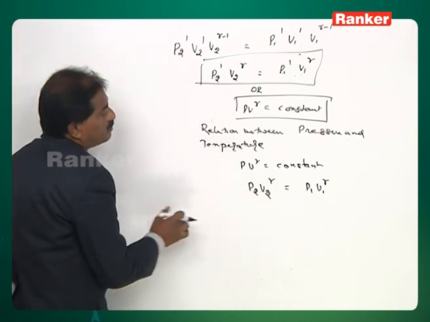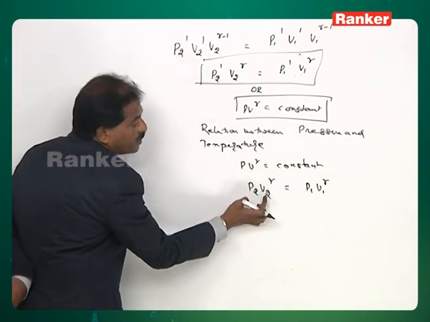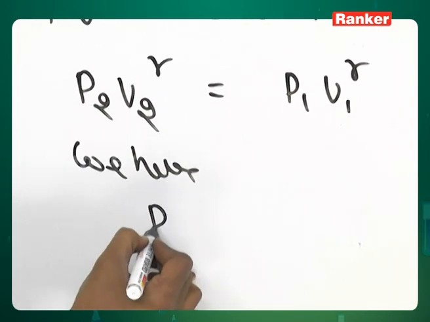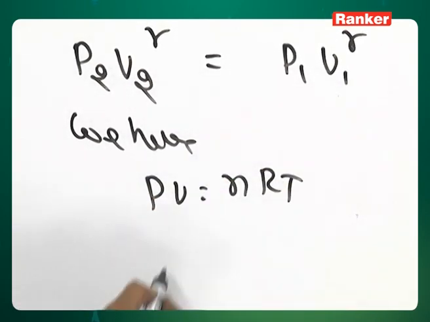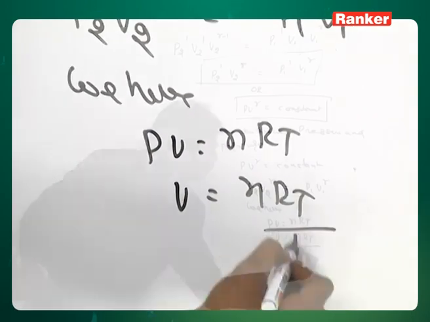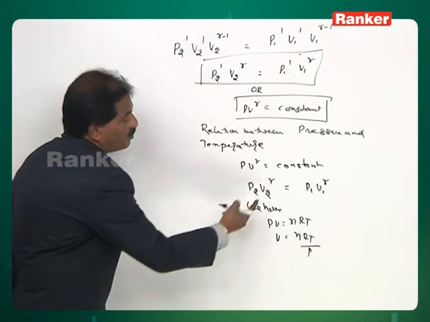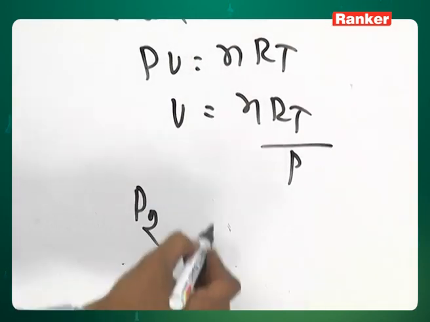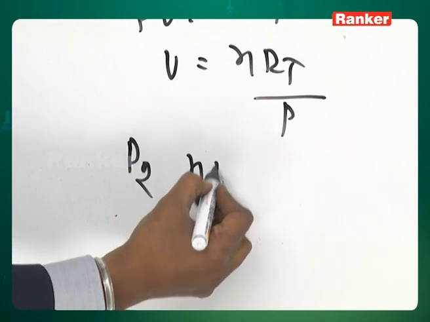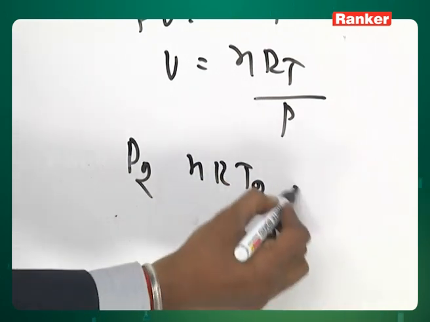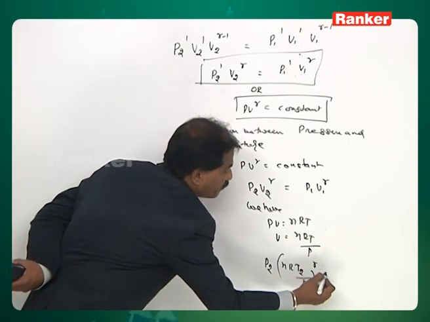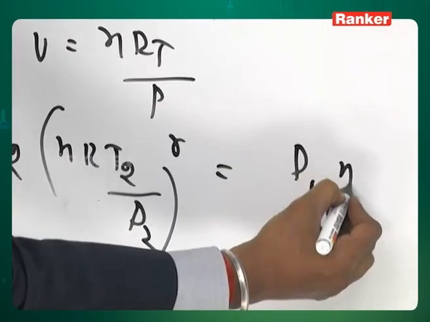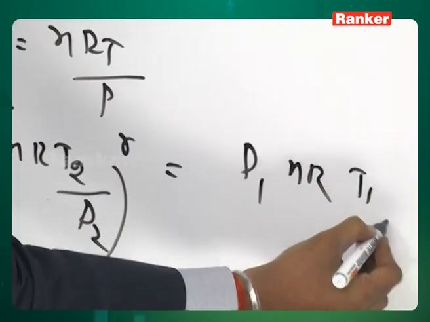Now we are studying the relation between pressure and temperature. Therefore, introduce the temperature term in place of the volume. Now here we have from the ideal gas equation PV is equal to nRT. Therefore, V is equal to nRT by P. Therefore, in place of the volume we can substitute this term. Therefore, here P2, in place of V2 you put nR T2 by P2 raised to the power gamma is equal to P1, here nR T1 by P1.